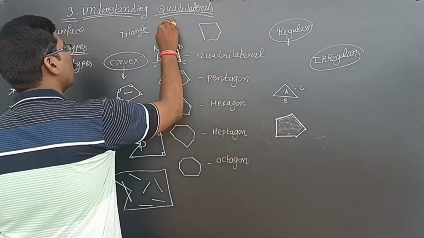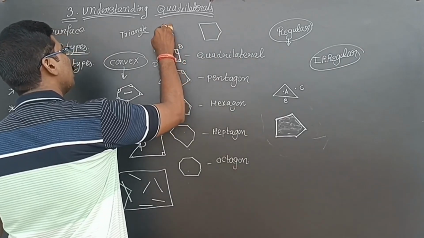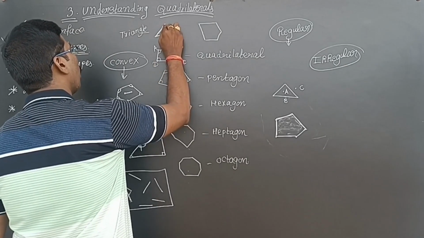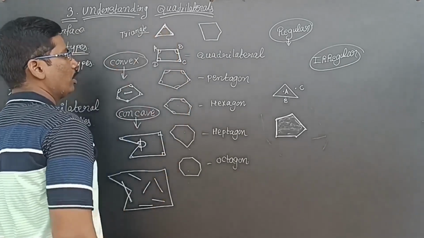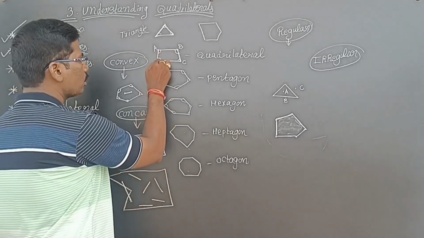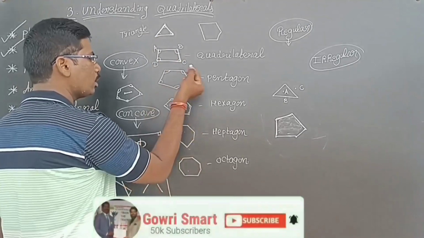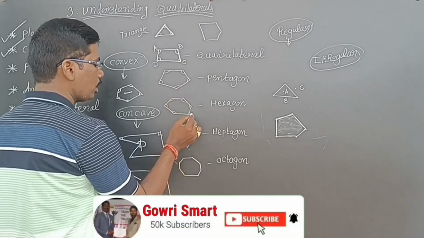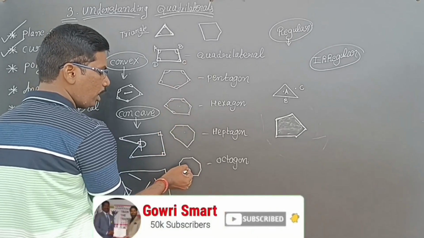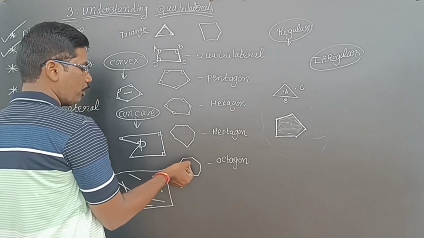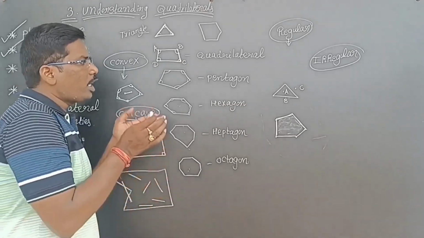See here, I am drawing a triangle where all sides are equal looking and all angles are equal. This is a regular polygon. Here these sides are different, so this is an irregular polygon. This is also irregular. This is looking like regular, but these sides are different.